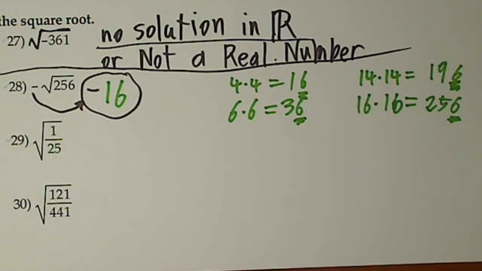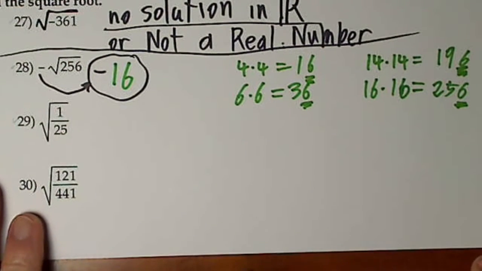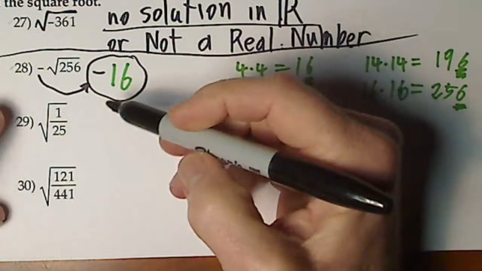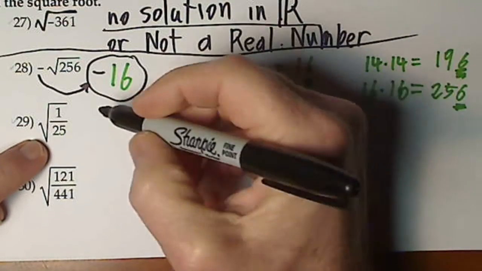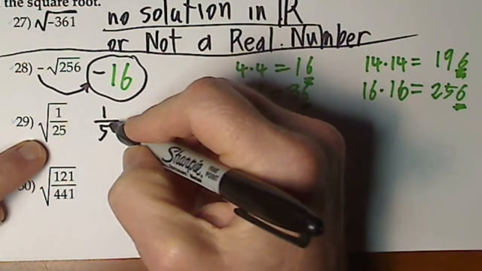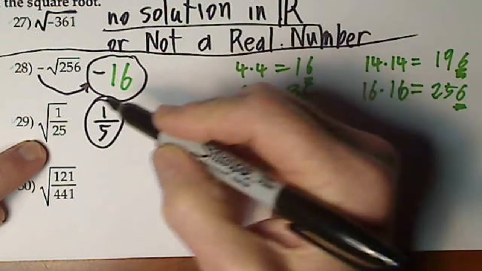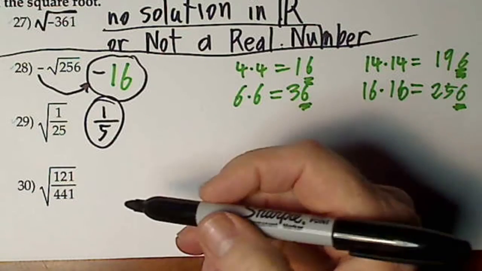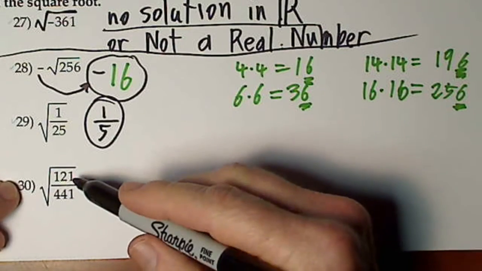For the next one, number 29, there's different ways to think of it, but in this case, the square root of 1 is 1, and the square root of 25 is 5. So without much trouble, you can generate the answer to that one. And then for number 30, I'll just do it real quick.